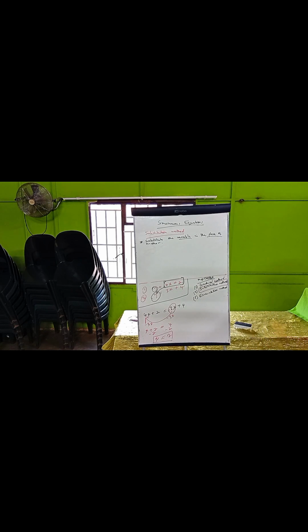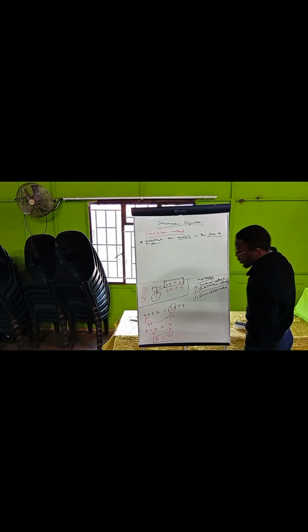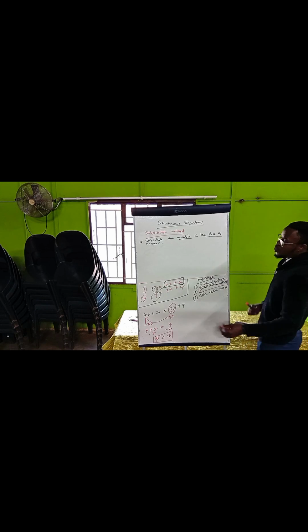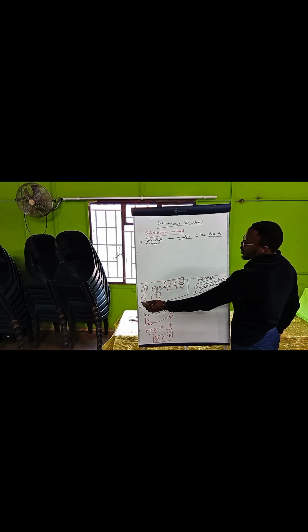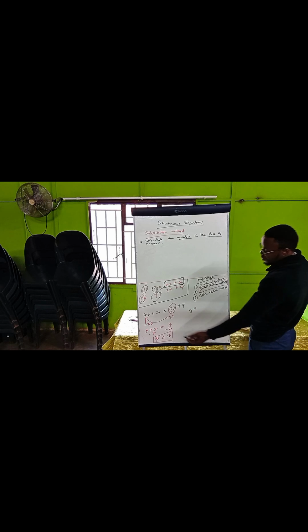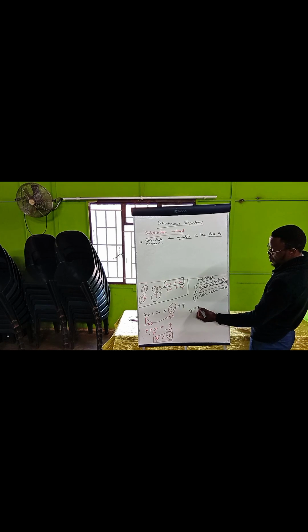So I've found the value of x, and now we want to find the value of y. After I found the value of x, you are going to choose either equation 1 or equation 2, and where there is x, you substitute the value of 2. So y is equal to 4x plus 2. Where there is x, I'm going to put 2.